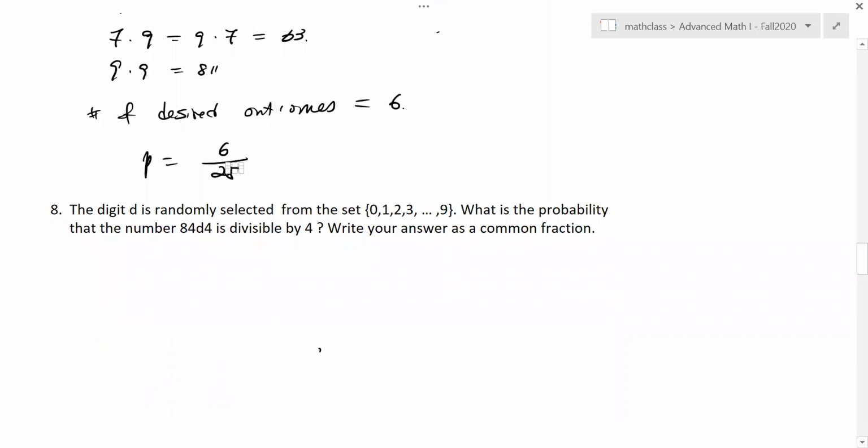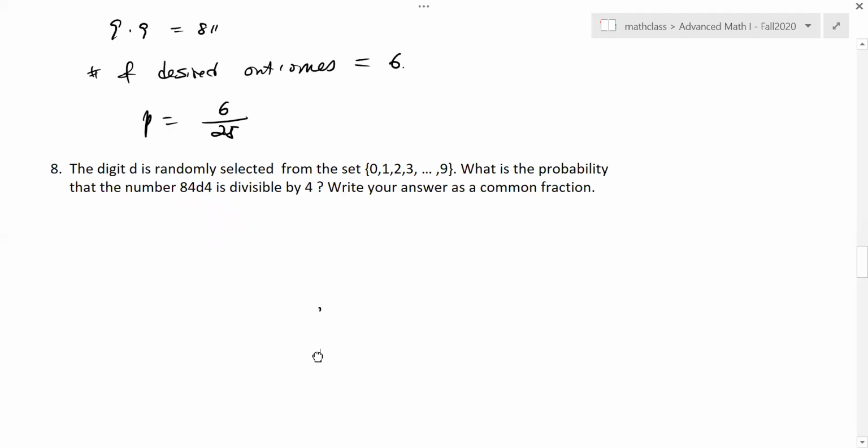Okay, now let's take a look at the next one. A digit is randomly selected from the set. What is the probability that the number 8,40D4 is divisible by 4? Write your answer as a common fraction.